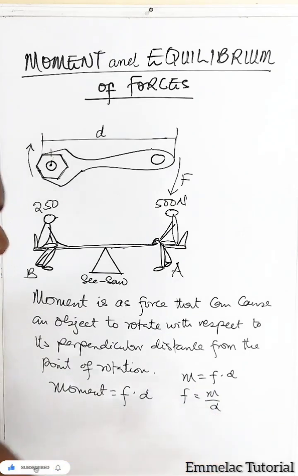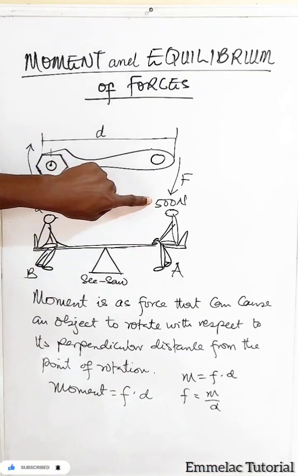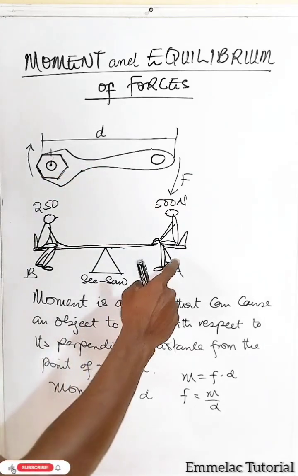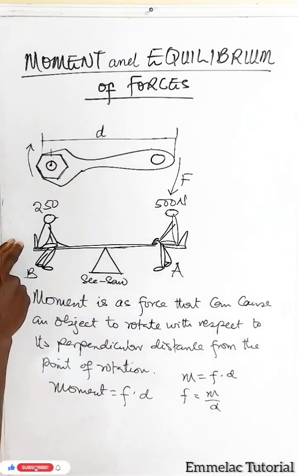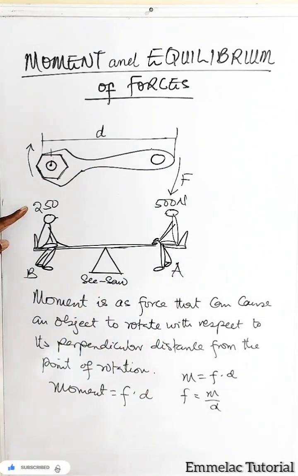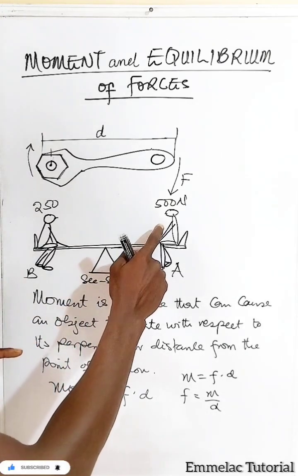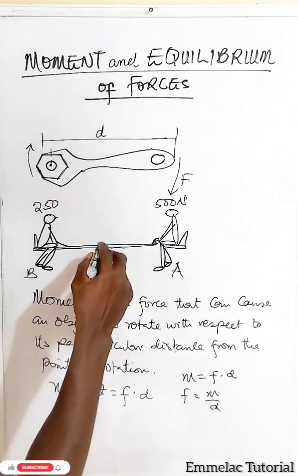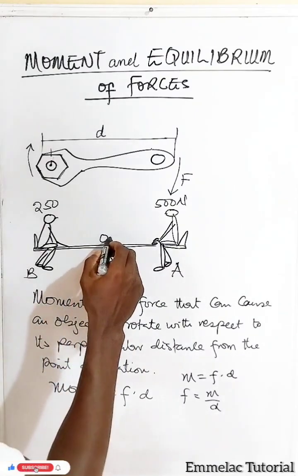So if this guy with 500 sits at this point, for it to be balanced with the 250 of this guy, the distance of the 500 guy from this point will be smaller.